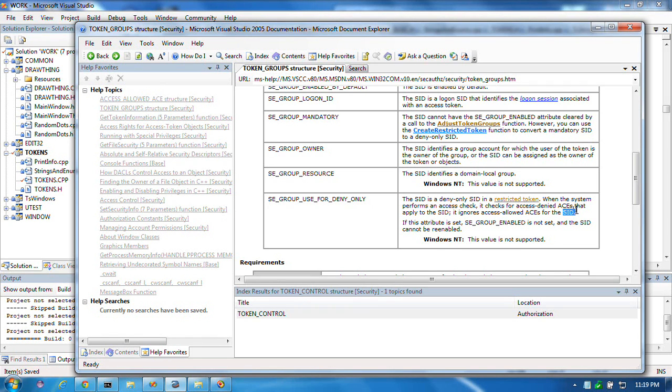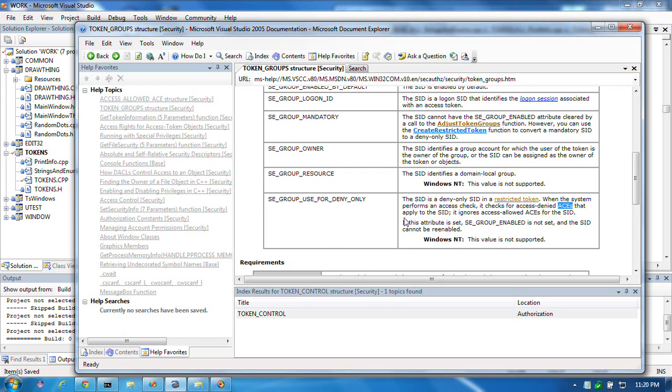The SID of the group that has the deny, or the SID of the access control list? I mean, when the system performs it checks for access control entries. Well, I don't have access control entries in my access token, right?